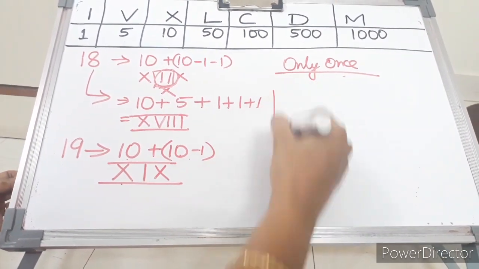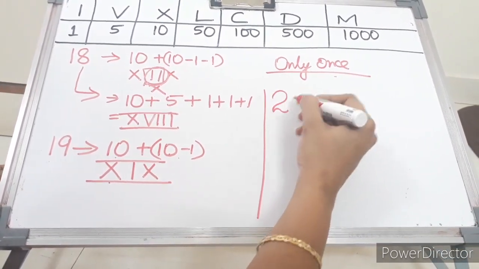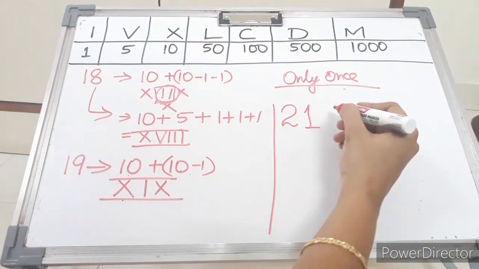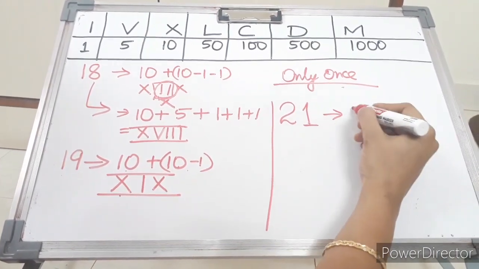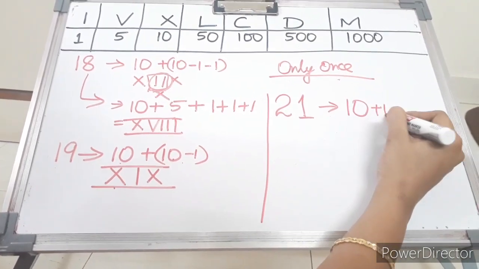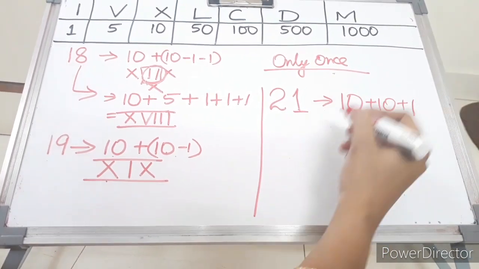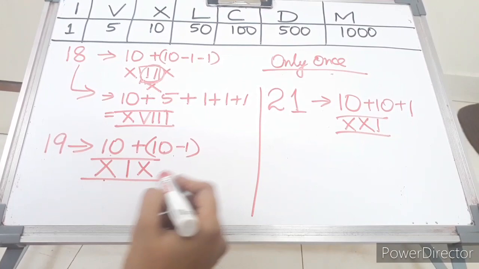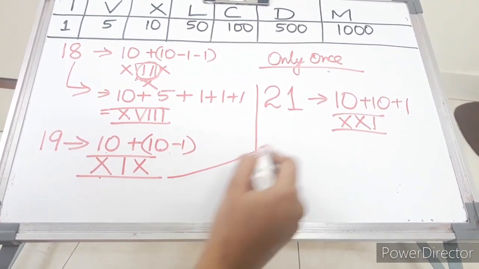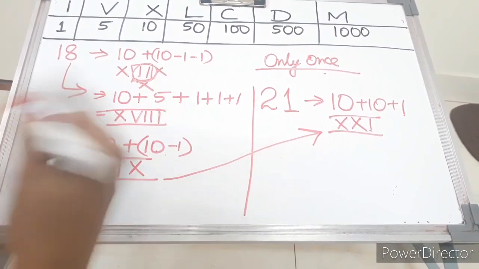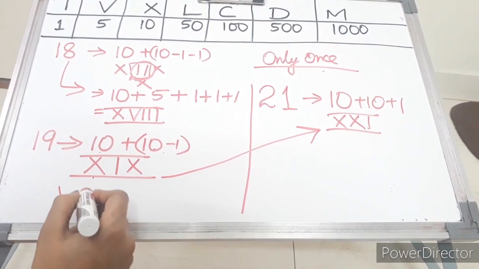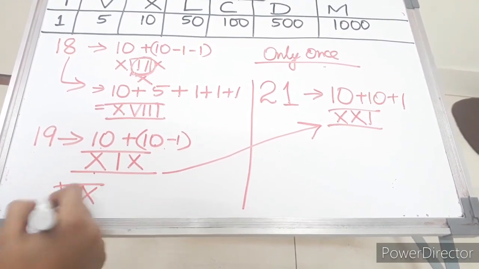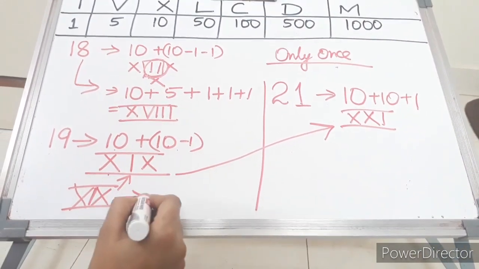Coming towards the next number, suppose the number is 21. How can we do 21? 10 plus 10 plus 1. Simple: XXI. Here many of the kids are having confusion. If we do it the other way round, XIX, suppose this is the number 19.